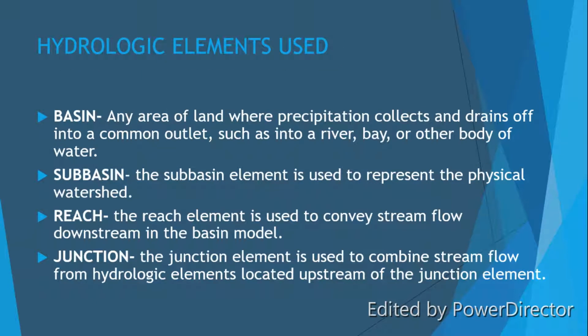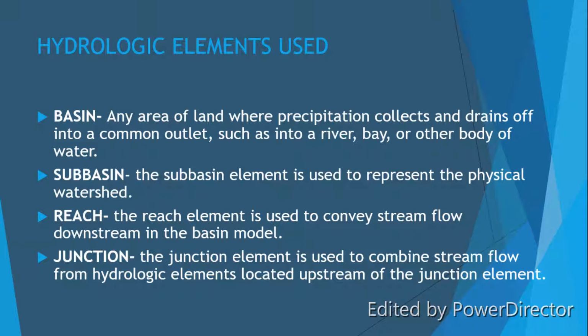So these are the hydrologic elements that we used. Basin. Basin is any area of land where precipitation collects and drains off into a common outlet, such as into a river, bay, or other body of water. Sub-basin.